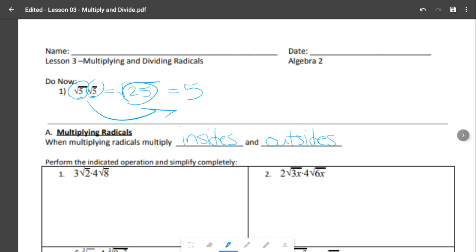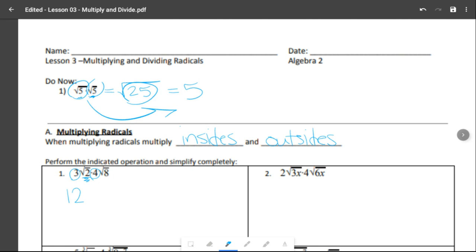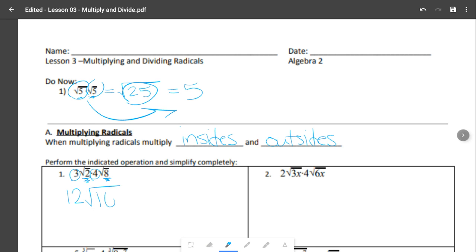So number 1 here, multiplying the outsides together, 3 times 4, you get 12. And then multiplying together the two insides, 2 times 8, you get 16. Notice the two numbers that were on the outside, their product stayed on the outside. And the two numbers that were on the inside, their product stayed on the inside.